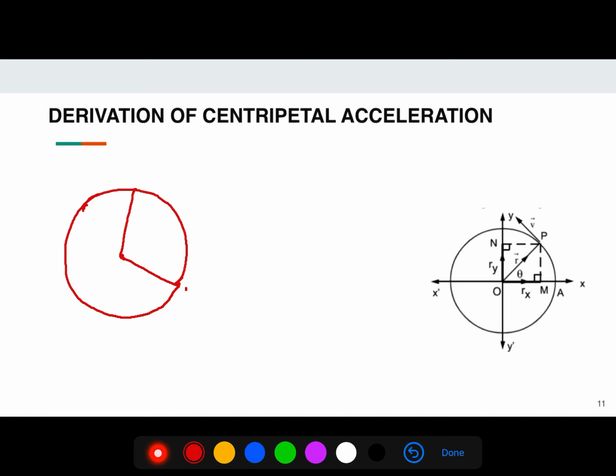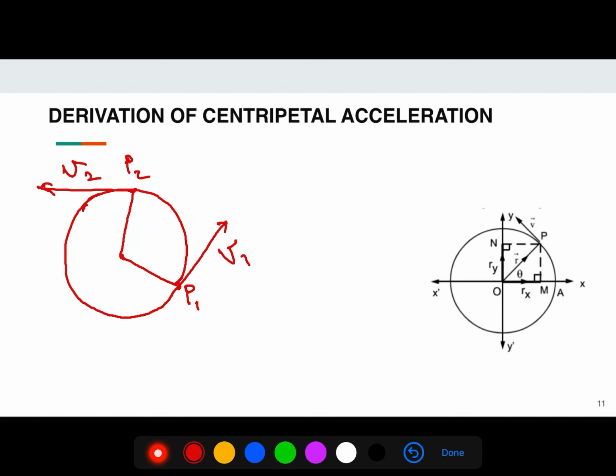That particle is at P1 at time t1, and after time interval delta t, it reaches P2. The direction of velocity is given by V1 and V2.